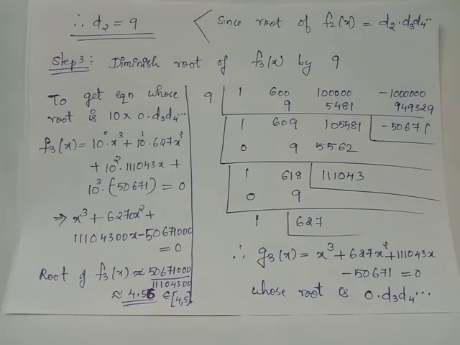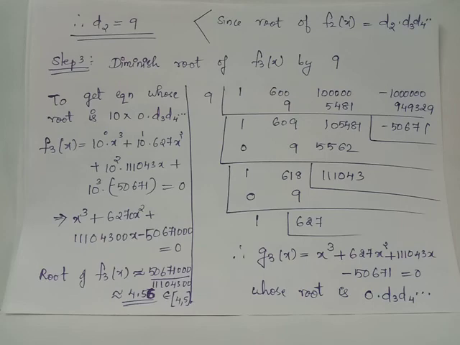Here, since the coefficient of x as well as the constant term is very large, in order to obtain the approximate value of root of f3 of x, we will take the absolute value of constant term upon coefficient of x, which is obtained as 4.56, and 4.56 belongs to the interval 4, 5. Thus, root of f3 of x will lie in the interval 4, 5.